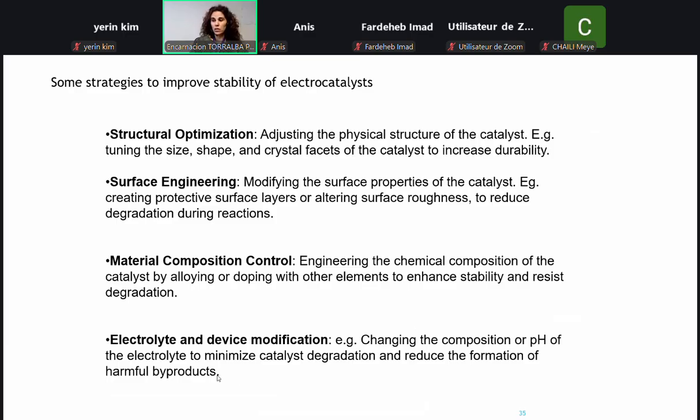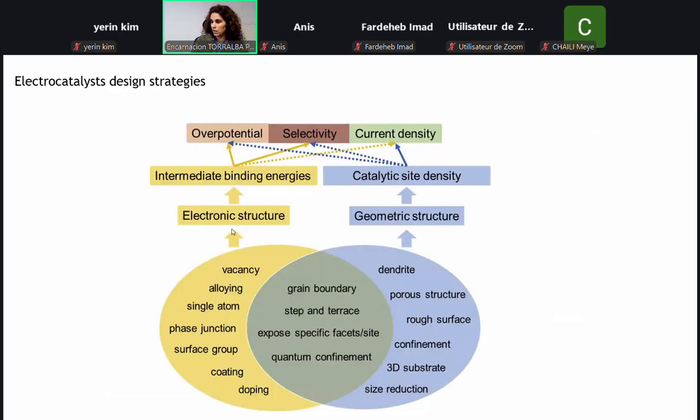And then you can also play with the electrolyte, because the electrolyte is the salt that you put, but sometimes it also has an impact on the properties of the electrode, or the pH. And I put here a scheme of the different things you can do to optimize.